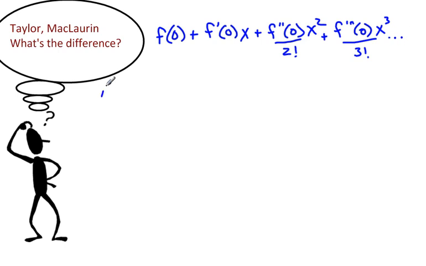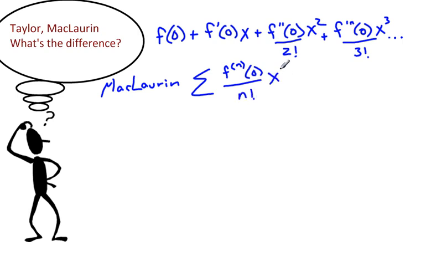Or we can, for our Maclaurin series, write the general term, which is going to be the sum of the nth derivative at 0 over n factorial times x to the n.